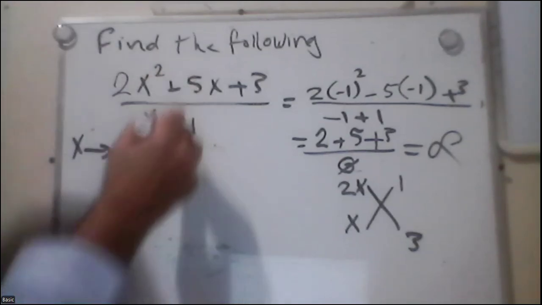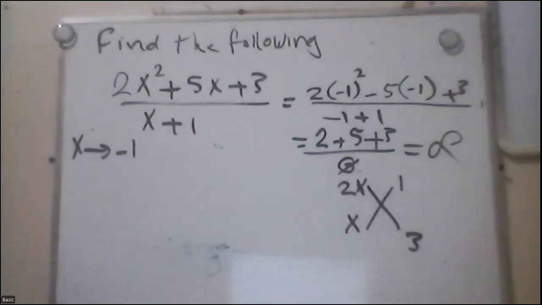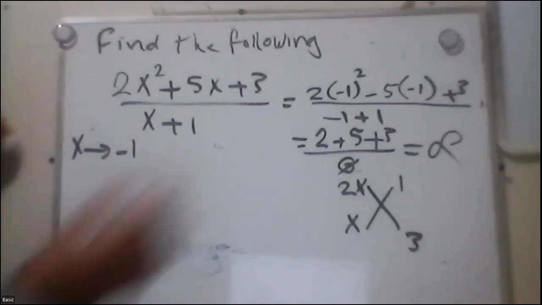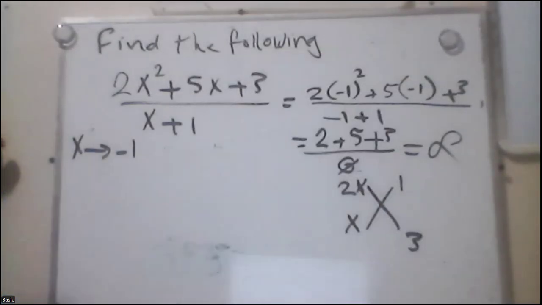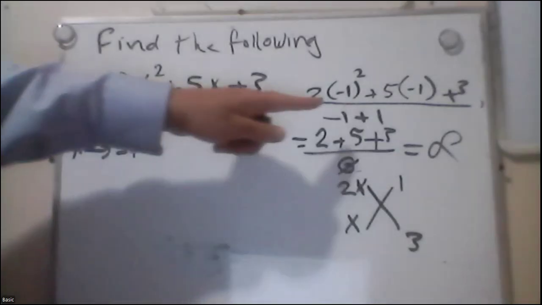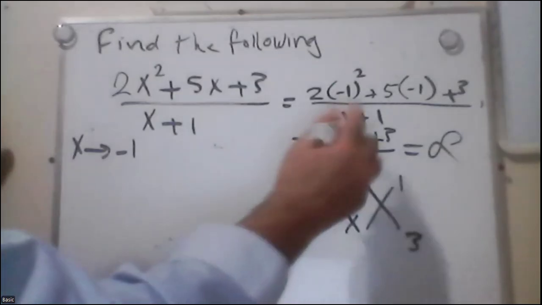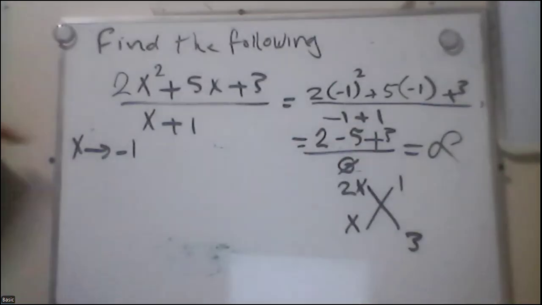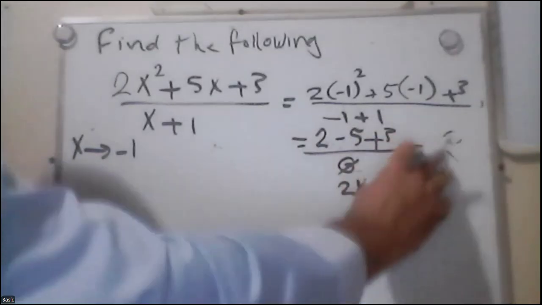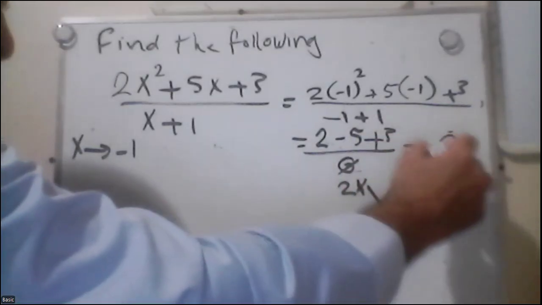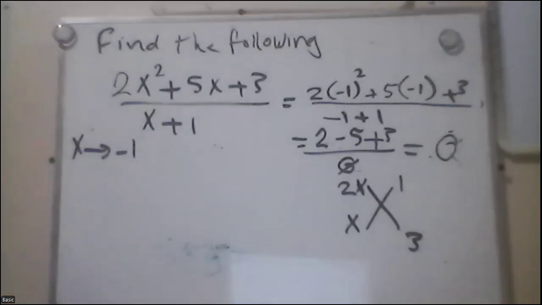Sorry about that, this is plus 5. So 2 minus 5 plus 3 will be 0 over 0, so it will be indefinite as well.